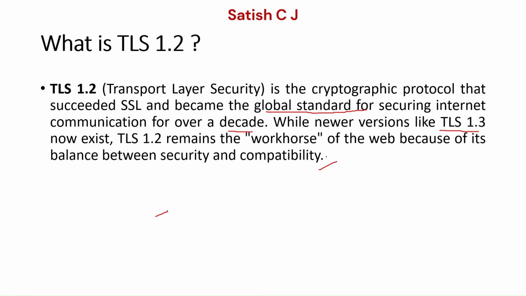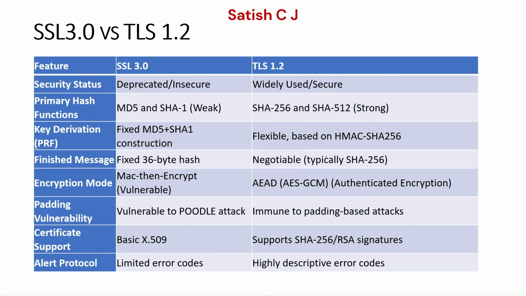So when you compare TLS 1.2, Transport Layer Security which succeeded SSL, these are the parameters. SSL now is deprecated. We use TLS 1.2 widely. So what are the key things? The entire workflow from the client hello to server hello, client finished to server finished, everything is the same except for the choice of algorithms and certain protocols.